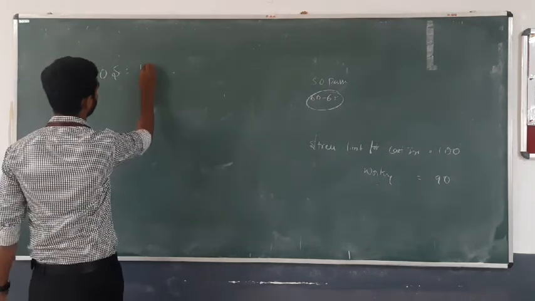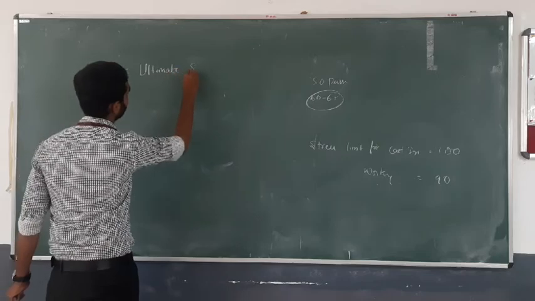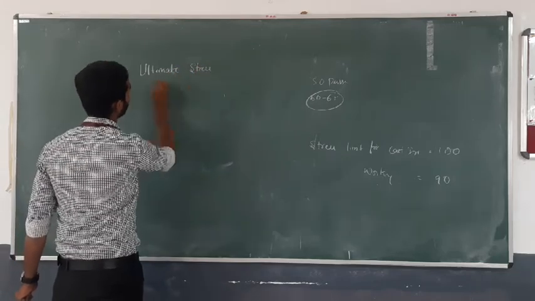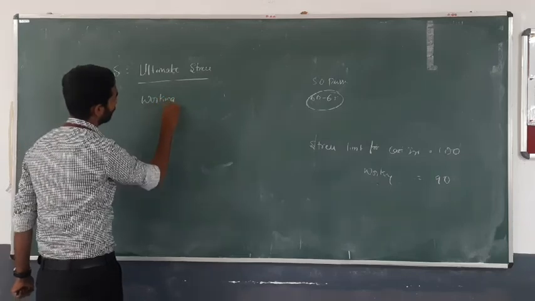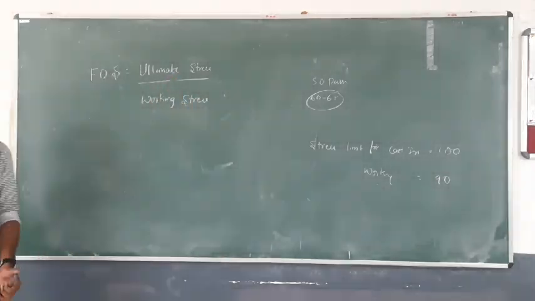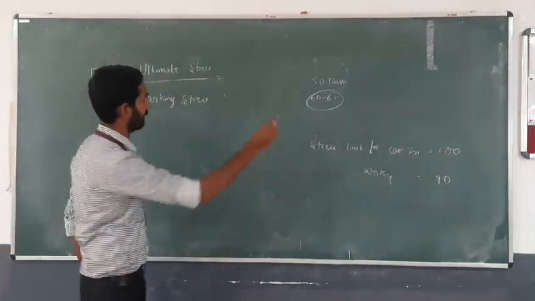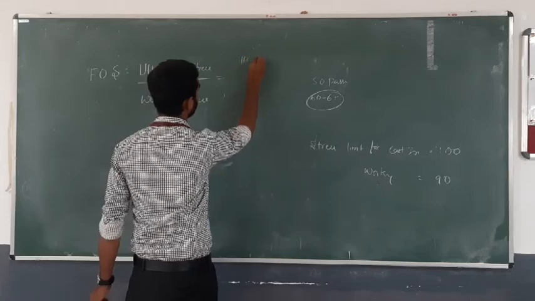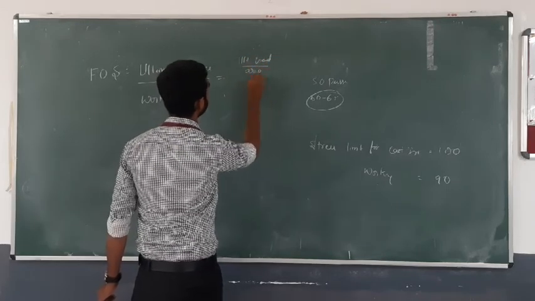So factor of safety is defined as the ratio of ultimate stress to the working stress. How will you define ultimate stress? Ultimate load by area.